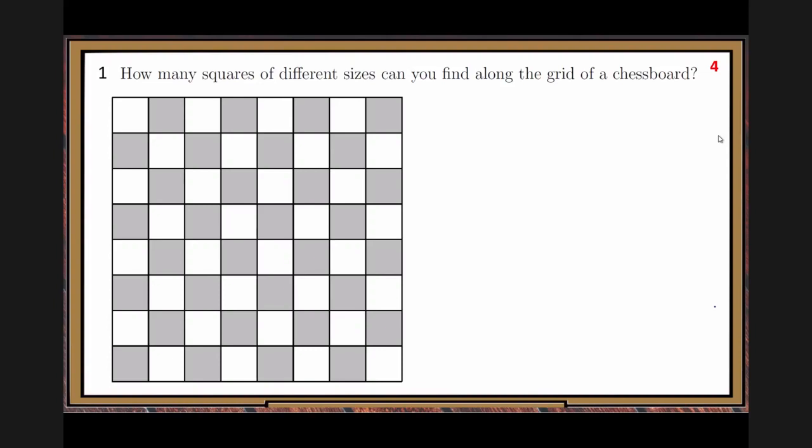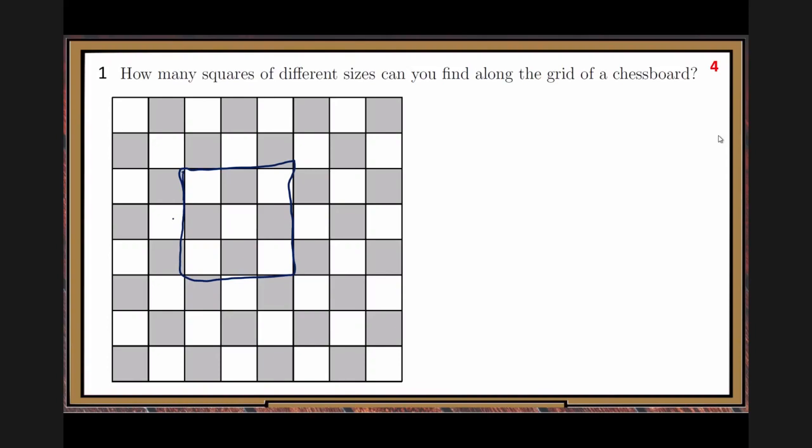Squares of all different sizes. For example, this is a square, 3 by 3. The squares of all possible sizes. How do you count that number?